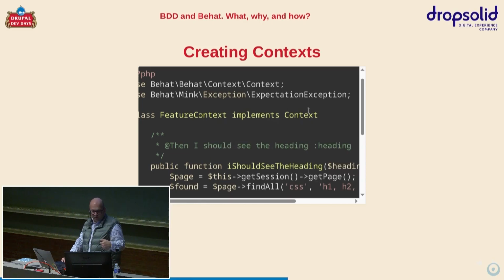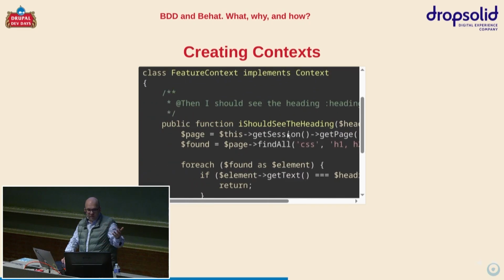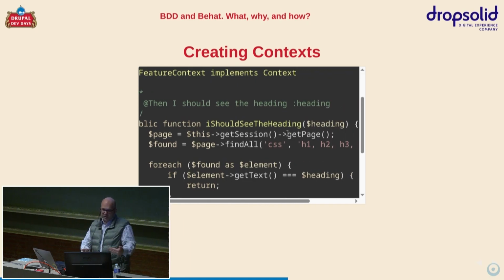this function will be called, and we have some actual PHP code here. So what happens, we get the current page from the session. Then we have some DOM nodes inside the page, using the exact same query selectors that we use with JavaScript.